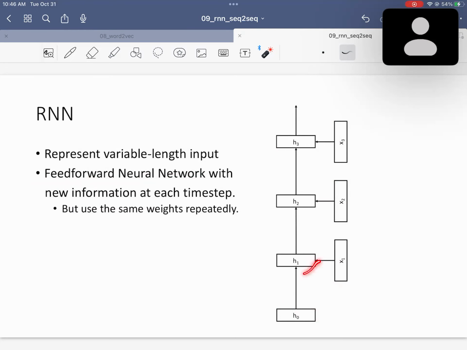So every layer, there's a new input. This is X1, X2, X3. So it's like an MLP that receives new input at each layer. And in order to accommodate that, we use the same weights, W and U, at each layer. Yeah, we use the same weights repeatedly.